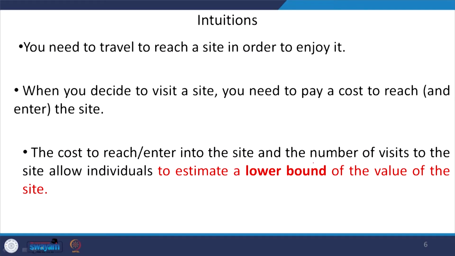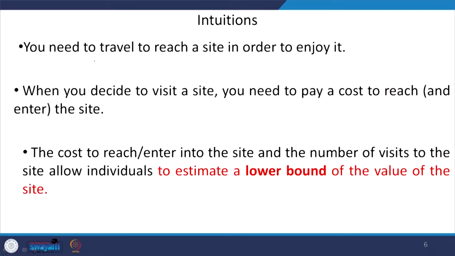His report is based on certain intuitions. So, what are the intuitions of this travel cost method that he talked about in 1949? For the first time, he said that this travel cost method is based on common observation or intuition.